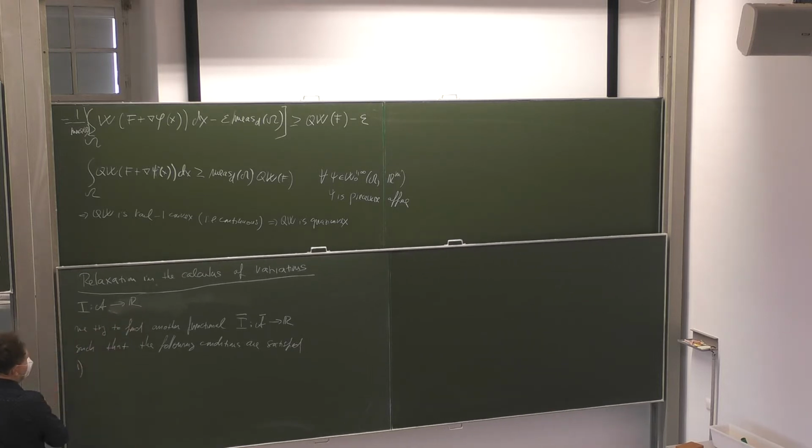So first, the infimum over A of I is the same as the minimum of I bar over A bar. So this already means that I assume that the new one has a minimizer, because I say it's a minimum.